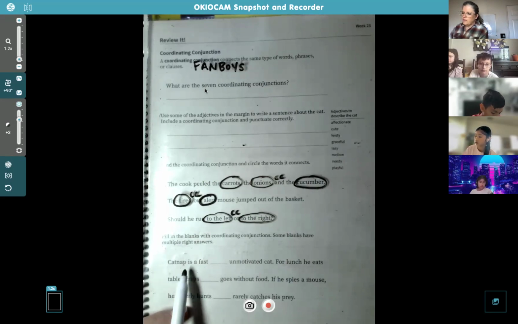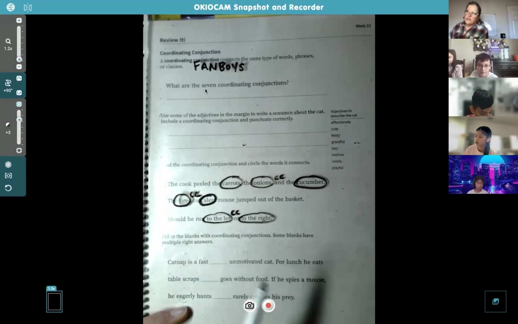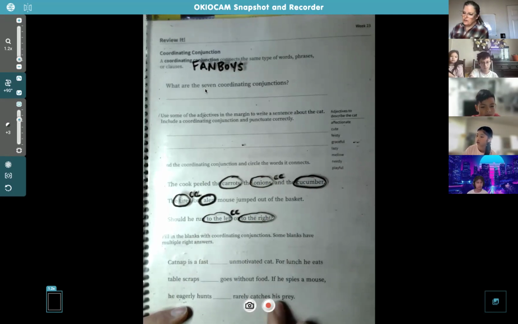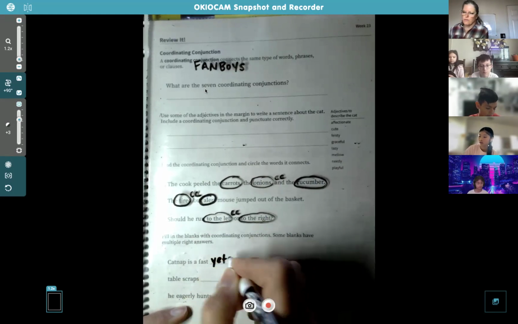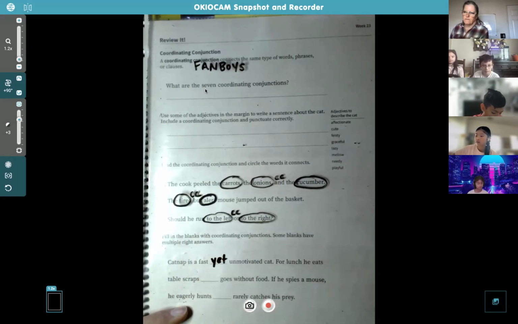So it's Catnap is fast, and could work there, but unmotivated is the opposite of fast, basically. So if it's opposite, what word would we use instead of and? Yet. Yeah, that would work. Yet or but. Either one of those would work there.